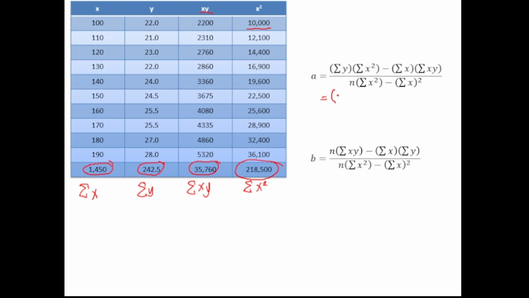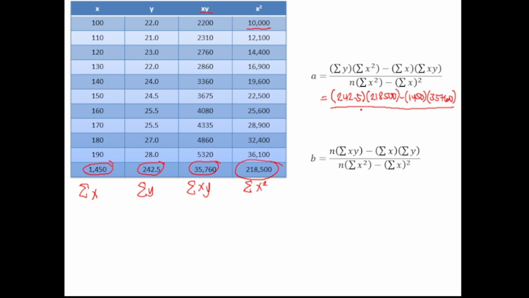So, ito ay 242.5, okay, times summation ng x squared. Ito po yun. So, 218,500 minus summation of x, so 1,450 times summation ng product ng x and y. So, that is 35,760.